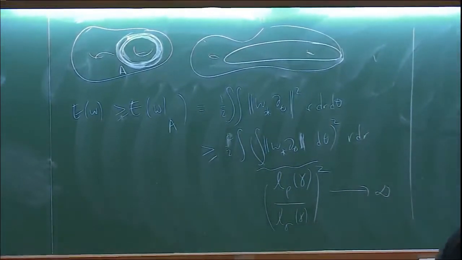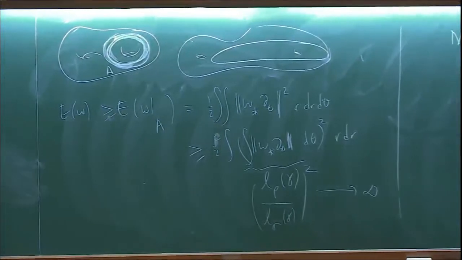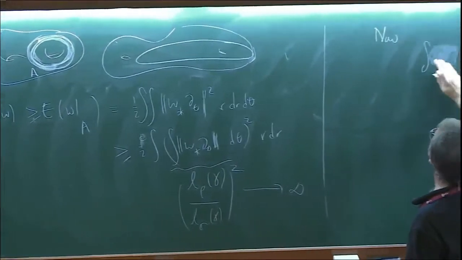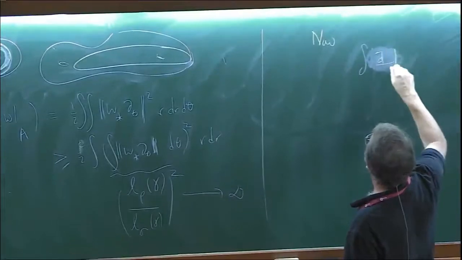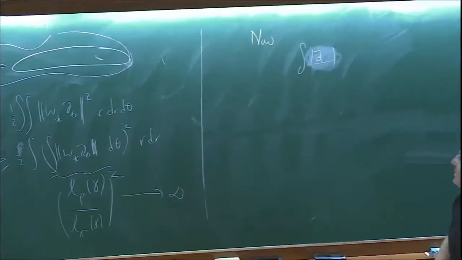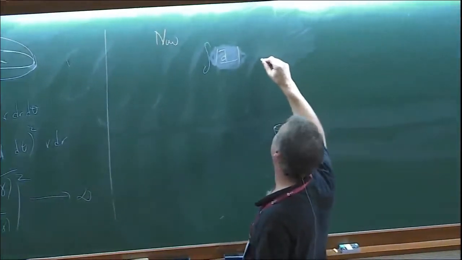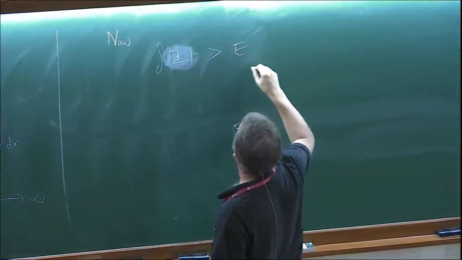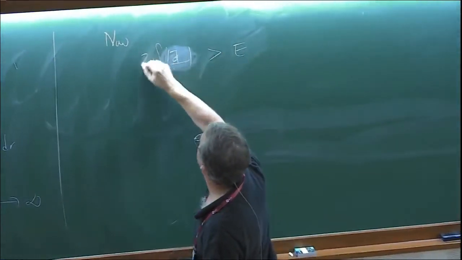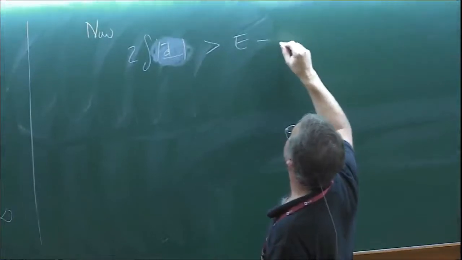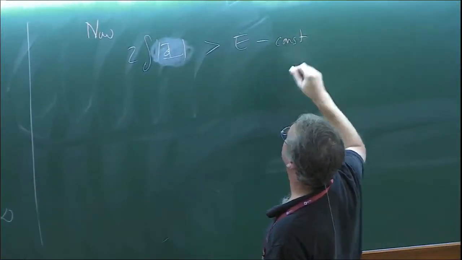Now maybe in the interest of time, I'm going to skip a step. And the point is that if I look at the size of phi, this is bigger than something like, I think, 2 of them is bigger than the energy minus a constant.